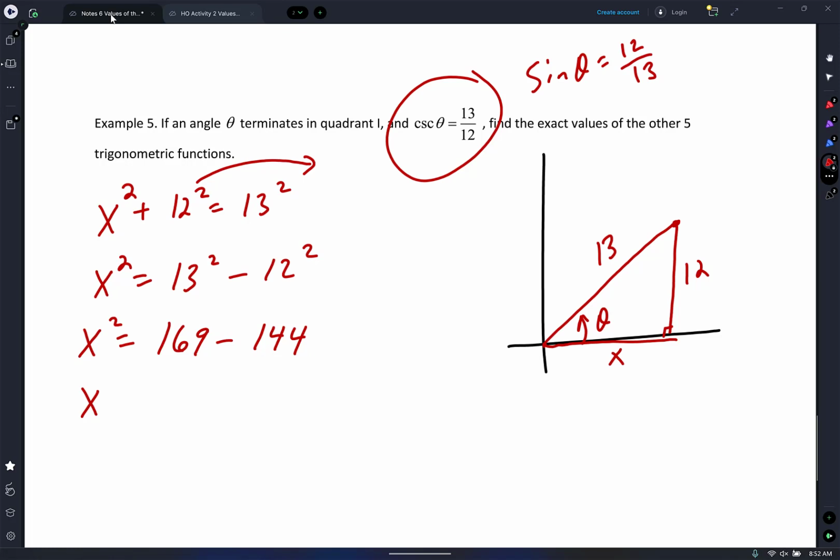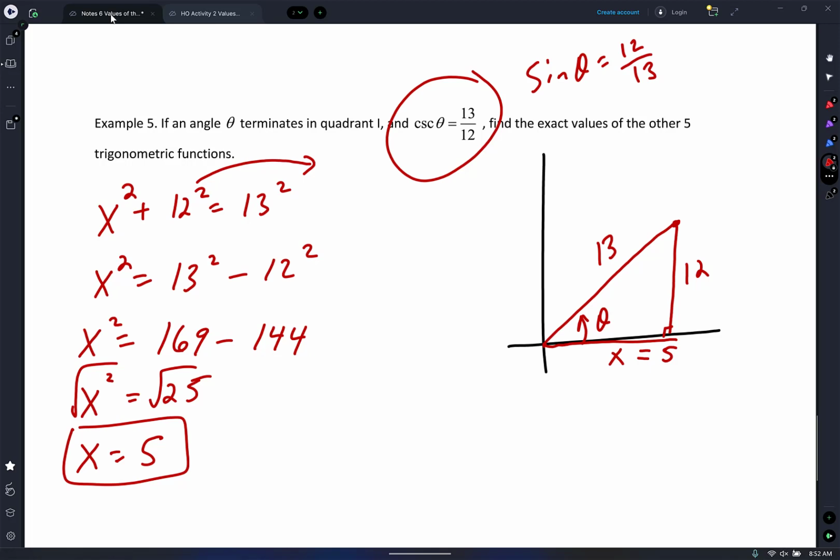Yeah, I think the 169 is accurate too. So x squared equals 25. So x, the square root, equals 5. And I know some of you probably remember this from geometry. That's one of the special ones, a 5, 12, 13, but no big deal if you don't remember.